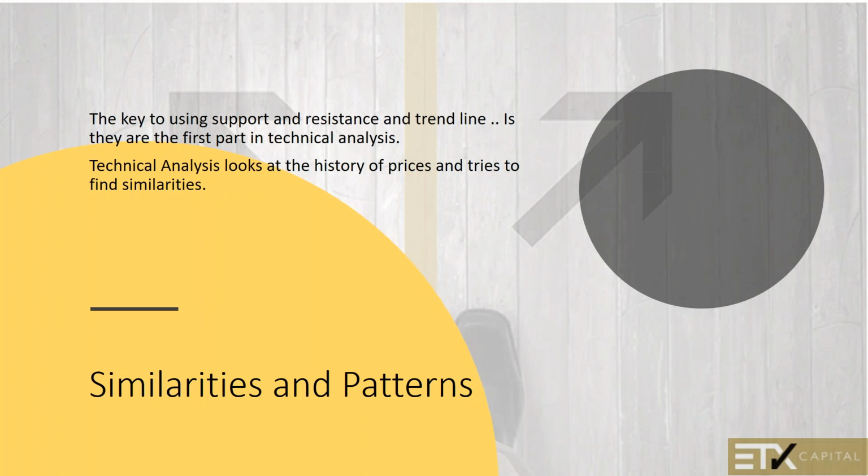But there's many ways of getting support and resistance. And I firmly believe in what I call eyeballing. Eyeballing is looking at prior charts, older charts, and older price movements to see where price has hemmed and hawed in the past. So the key to support and resistance in trend line is the first part of technical analysis.